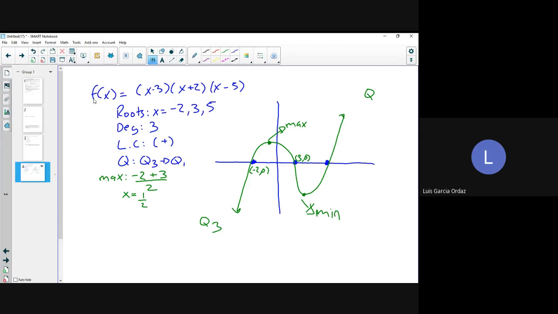Obviously, I'm going to draw this graph better, because this is not a half; a half is supposed to be over here. Now that we know for the max that x is equal to 1/2, how do we find the y value? Don't we just plug in the x? Yeah, so we plug in 1/2 into our function.